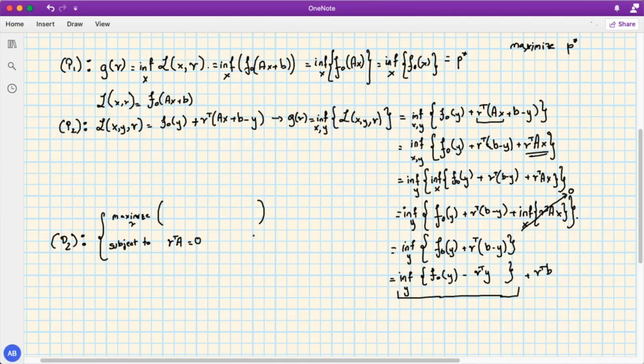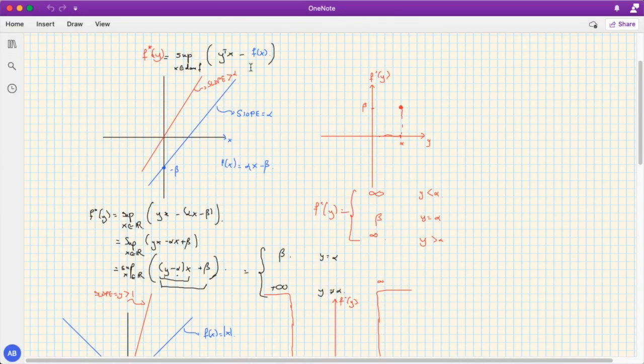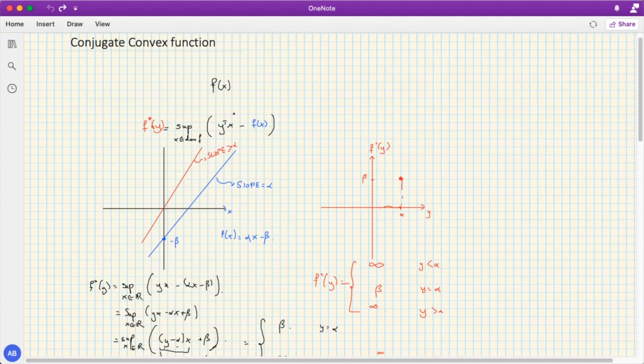When you're trying to find the infimum of a function minus an inner product of the variable and another arbitrary vector? Well, let's go back to previous lectures, when we were talking about conjugate convex functions. Over here, we have this nice looking function that is the supremum, not infimum, supremum of the inner product minus the function in hand. What we have here is the infimum of minus this whole thing.